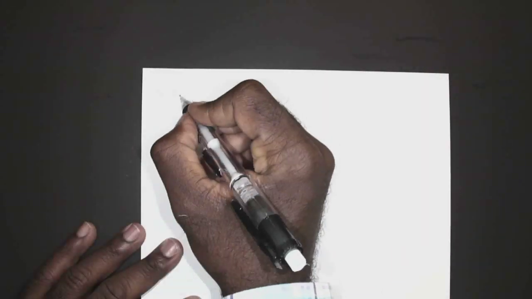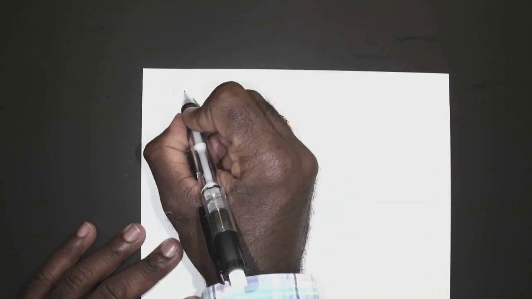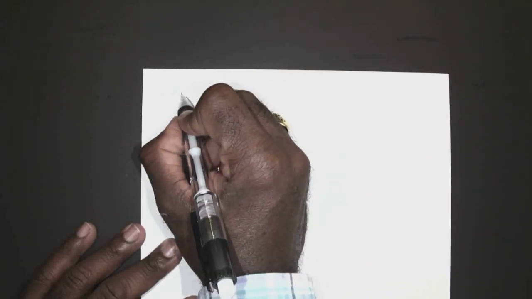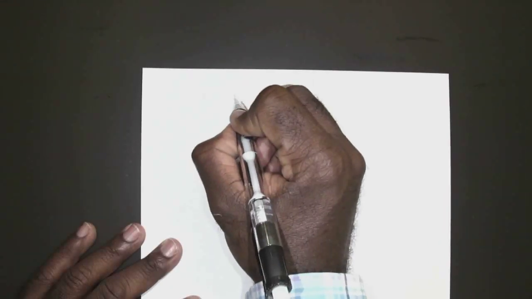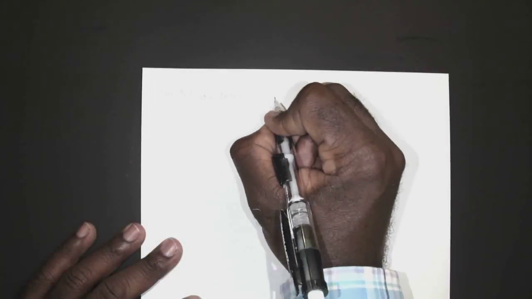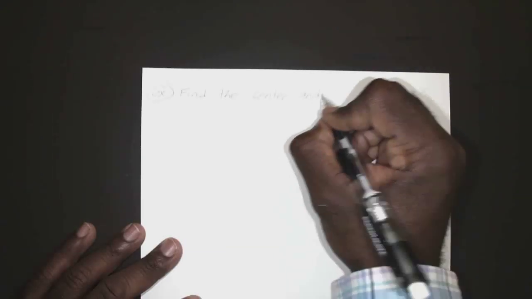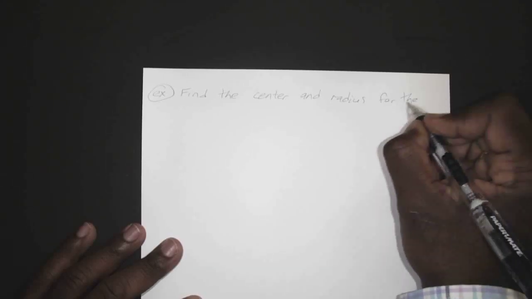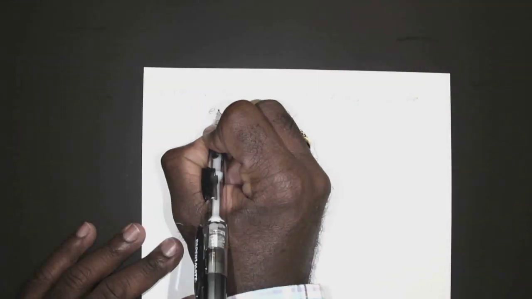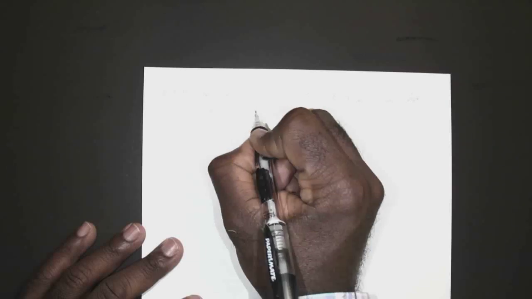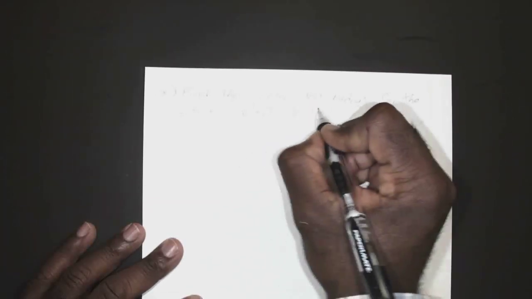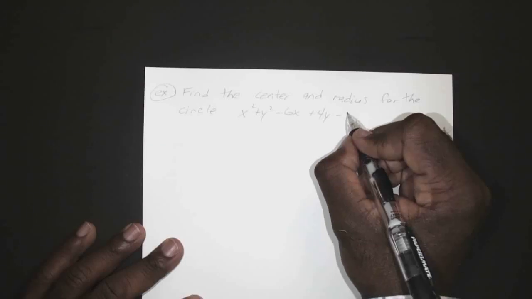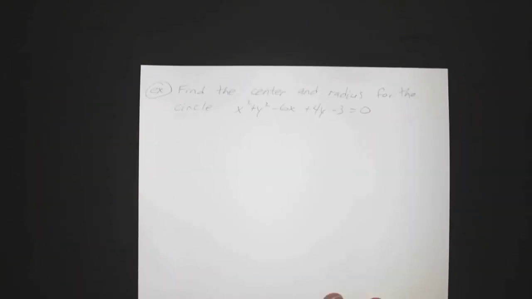So let's say find the center and radius for the circle x squared plus y squared minus 6x plus 4y minus 3 equals 0.